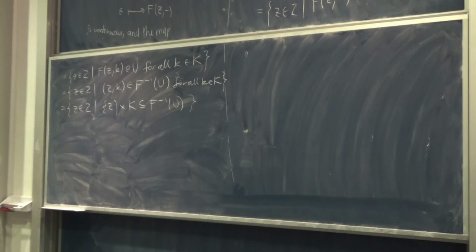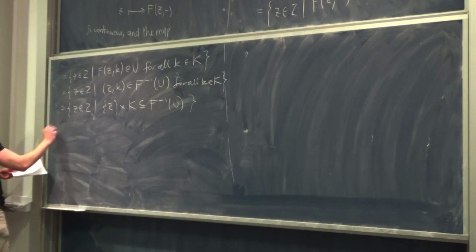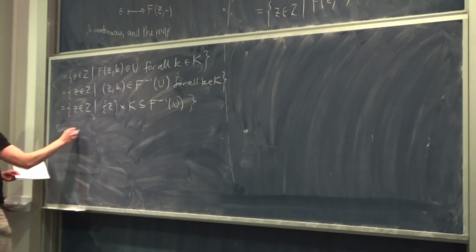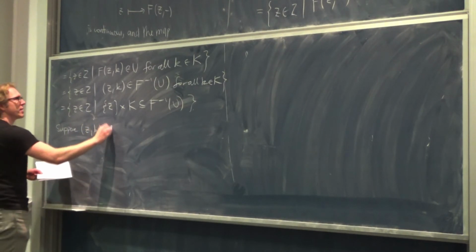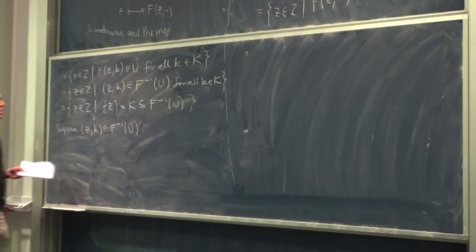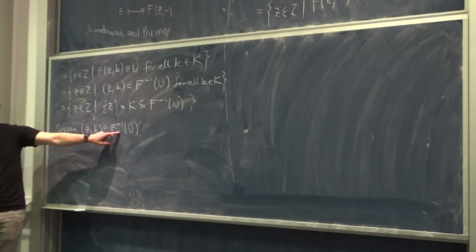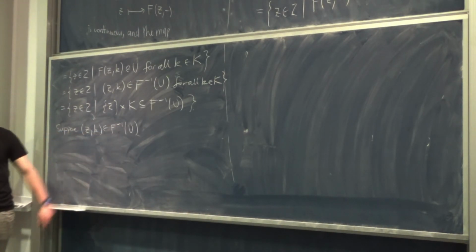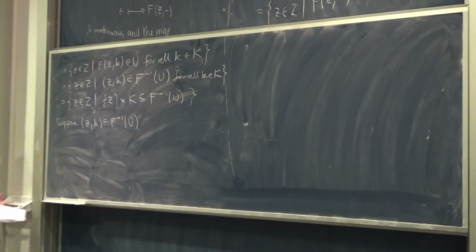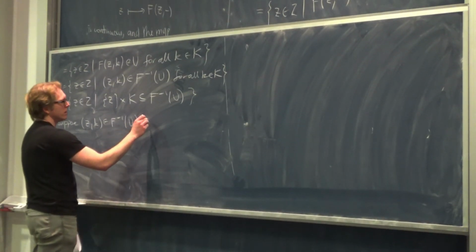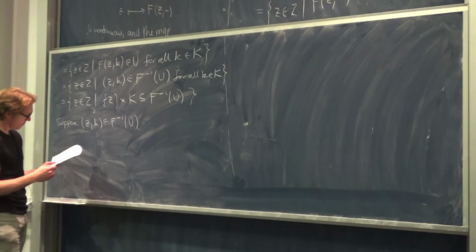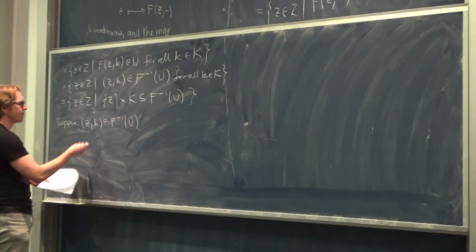but okay, K is compact, so what are we going to do? So suppose z cross K is in F inverse U. I want to produce an open neighborhood of z in Z which is contained in this set.